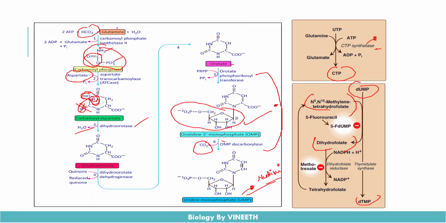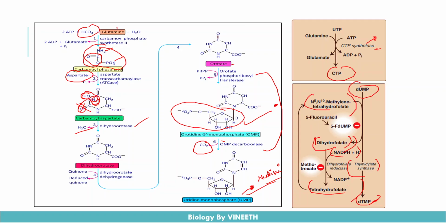Upon this conversion, it also makes the dUMP into dTMP, in the presence of thymidylate synthase. The dihydrofolate now contains only two hydrogens in this folate molecule. When it utilizes NADPH for its reduction, it again converts into tetrahydrofolate.